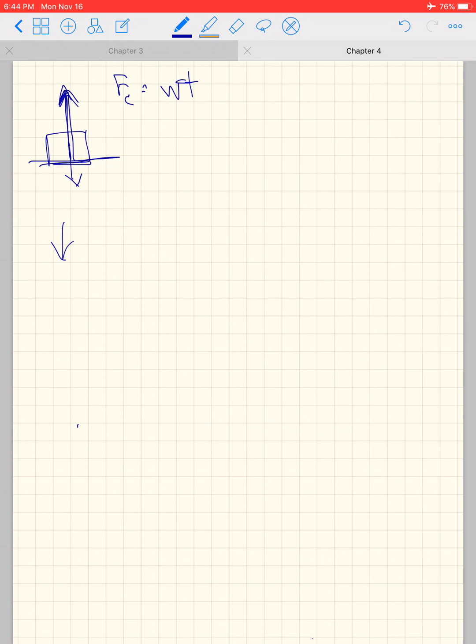Force of contact will equal weight when everything is horizontal, when the object is on a horizontal surface, and the push or pull is horizontal.